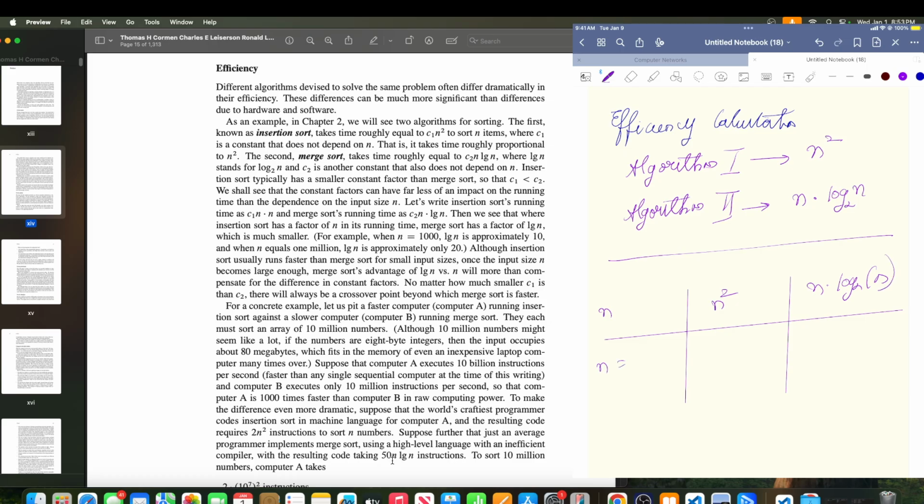Suppose n is 10 power 3, then n square is 10 power 6. And this is 10 power 3 into log of 10 power 3, which can be written so that this 3 comes down. This will be 3 into log 10, and that log to the base 2 of 10 is some number, right?